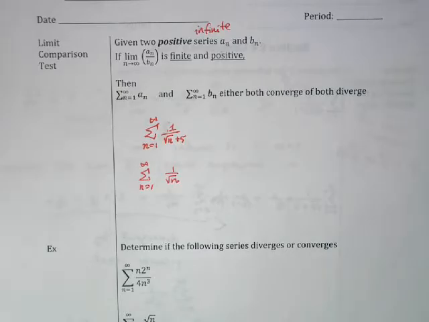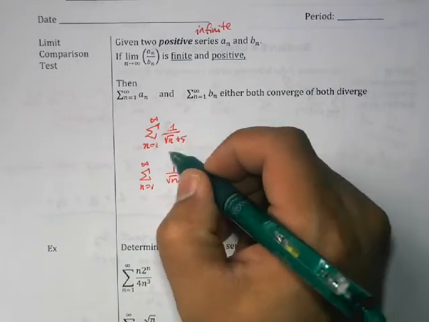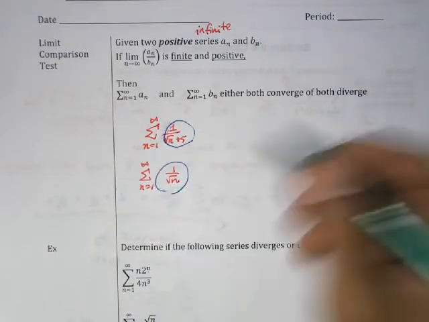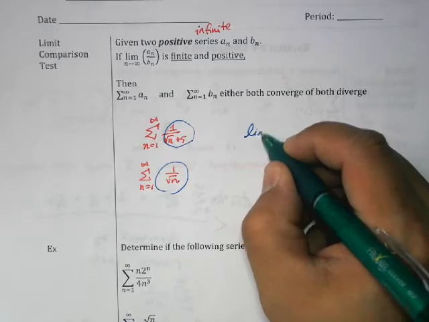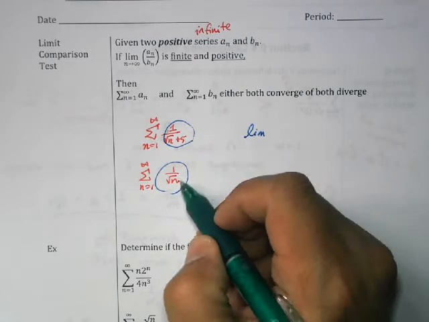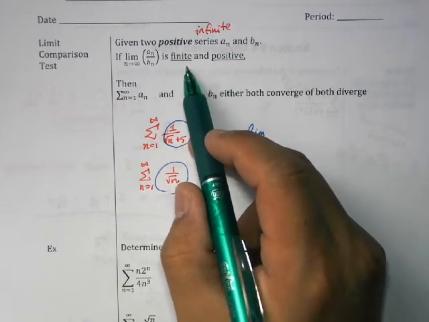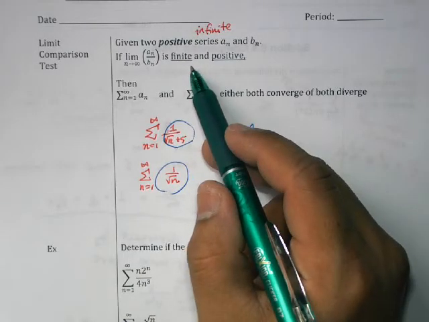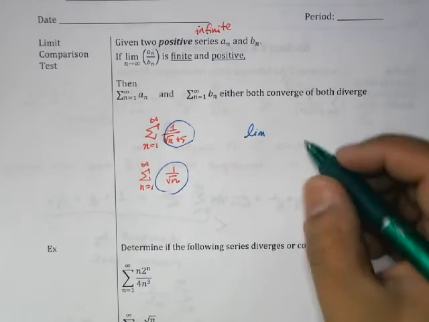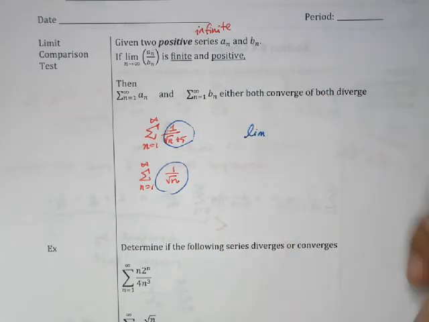So if we apply the limit comparison test, let's take the limit of this term over this one. It actually doesn't matter which one you put over the other, because the result has to be finite, and if the result happens to be finite, then it doesn't matter which one you put over the other, and positive.